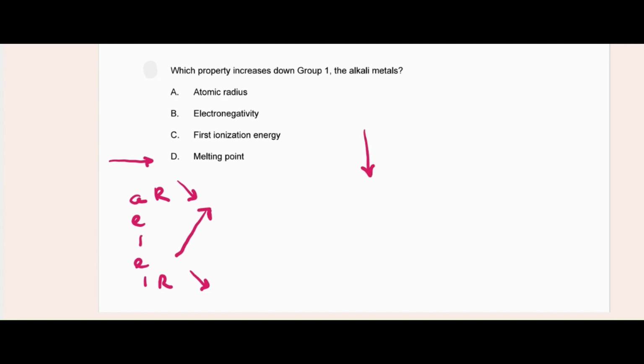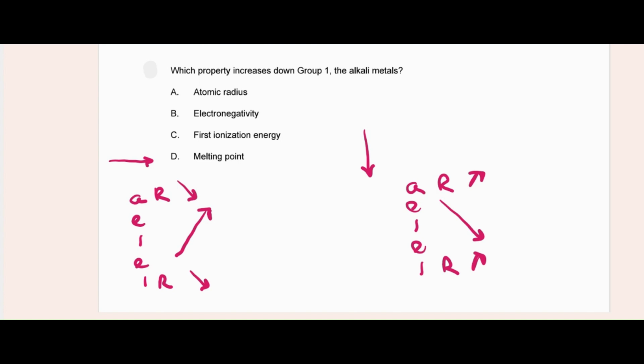As you go down, the same A, E, I, the radii increase, everything else decreases. So I'd write that down really quickly and then work it out.